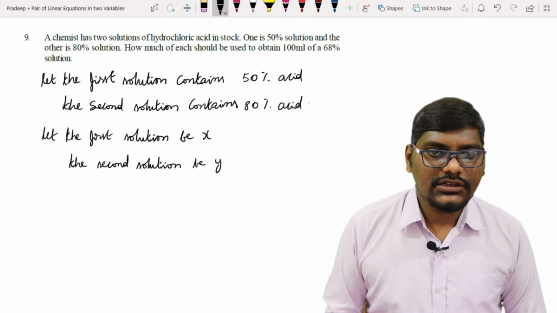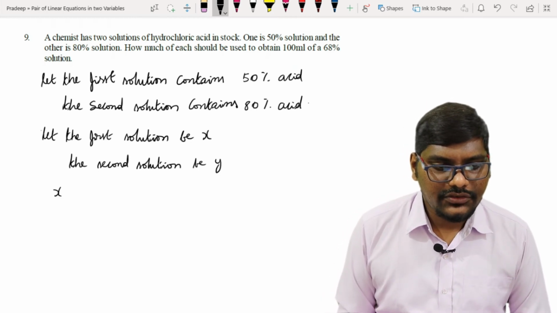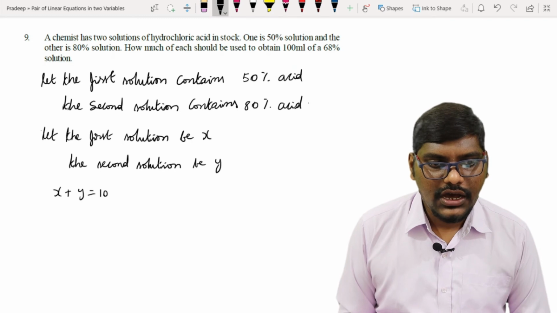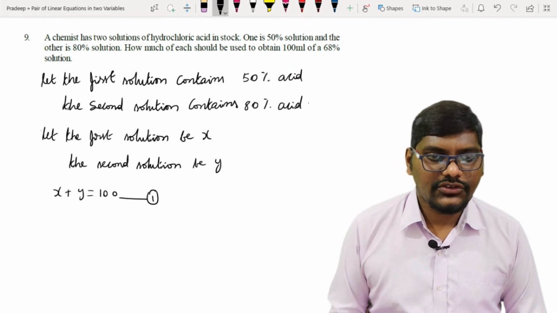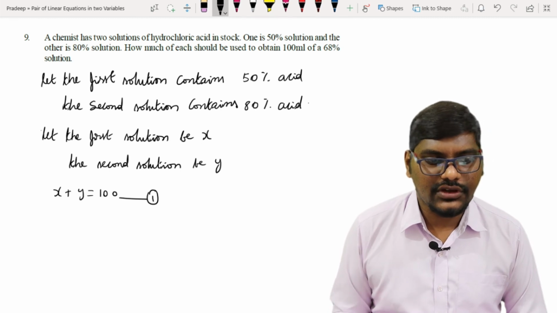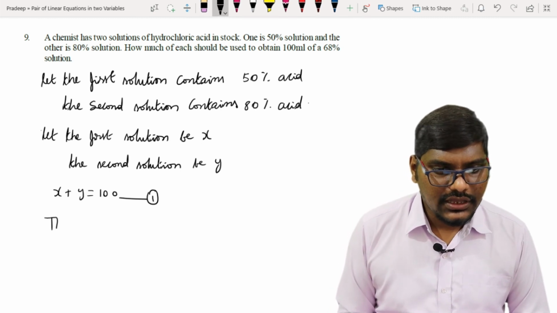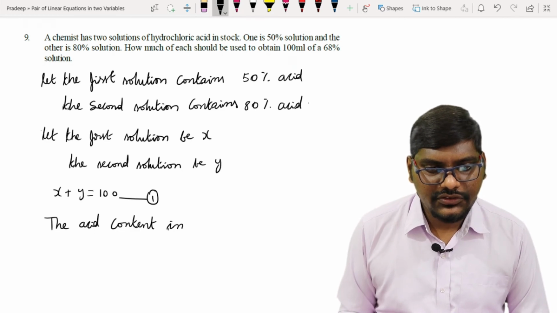Now what they're saying is that the total is 100, so we can write x plus y equal to 100, the total amount of solution. They are talking about the 50% solution and the 80% solution, so that also we will write, the acid content in the mixture.